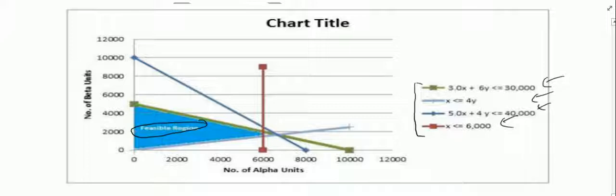Now, since our objective was the maximization of profit, we will apply the corner point theorem, and we have three corners. Corner number one is this, let's name it as A. The second one is over here, let's name it as B. And the third one is over here, let's name it as C. And what I do is calculate the profit amounts at each of these and opt for the position which has the highest contribution.